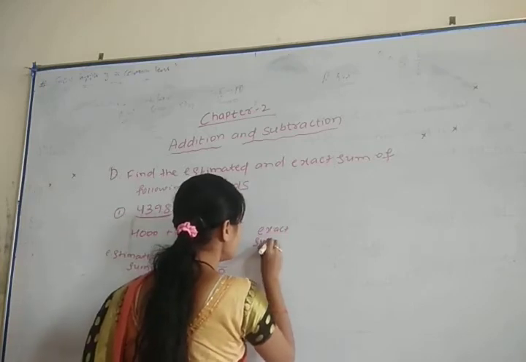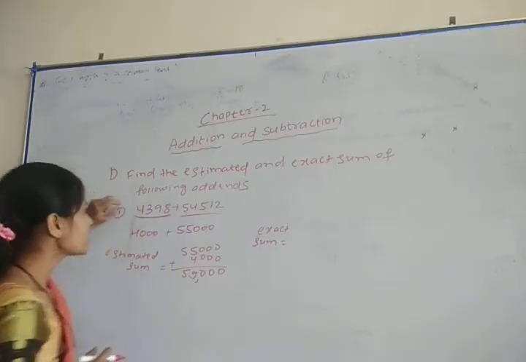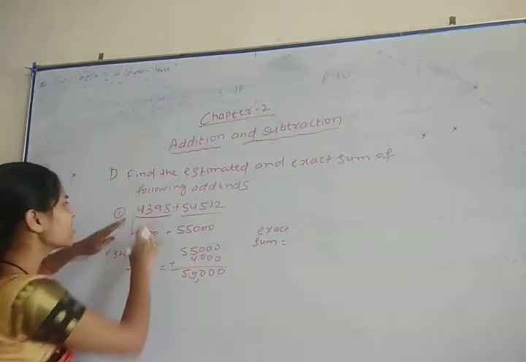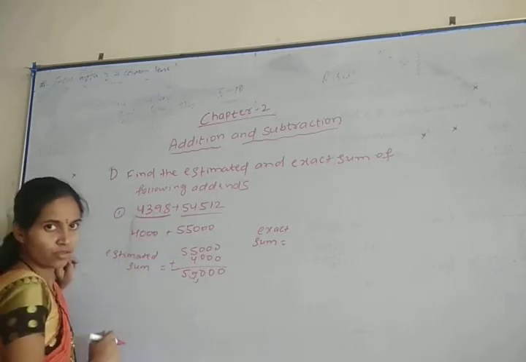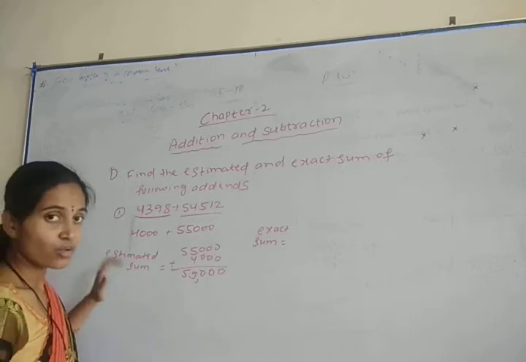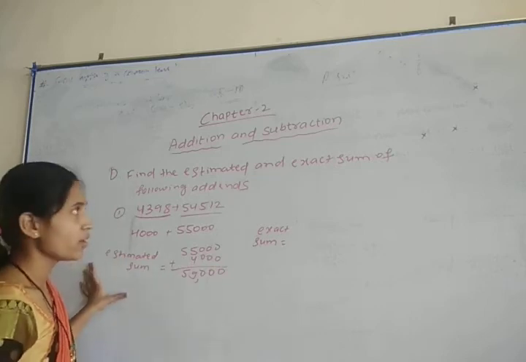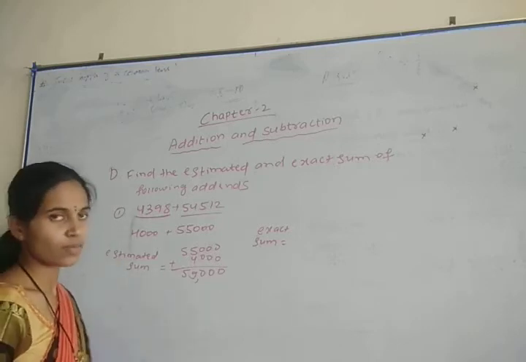To find the exact sum, you simply add the given numbers as they are. Don't round those two numbers. Rounding is useful when they ask you to find the estimated sum. If they ask you to find the exact sum, then directly find the exact sum only.